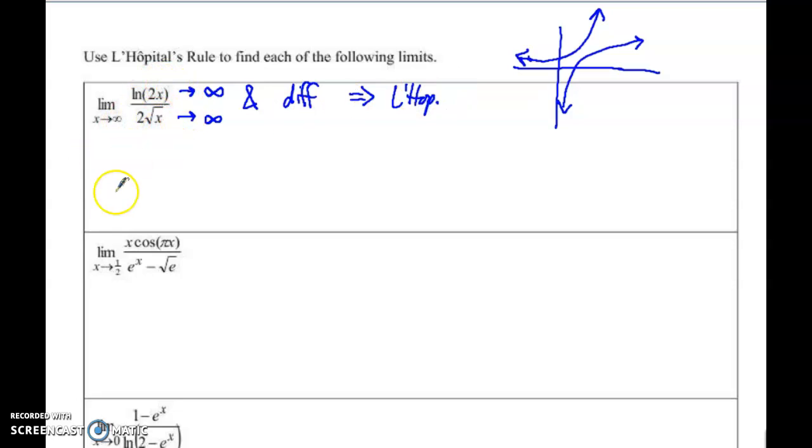So then we can do the derivative of the top, which would be 1 over 2x, times the derivative of 2x, which would be 2. And in the bottom, you bring that 1/2 in front. So a half of 2 is 1, x to the negative 1/2 power. And might actually be worth your while to rewrite that.